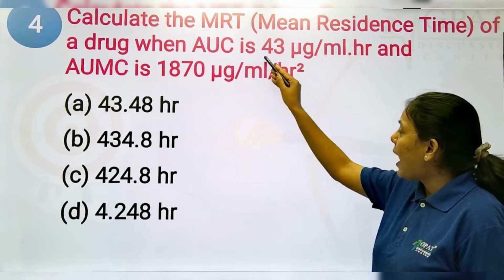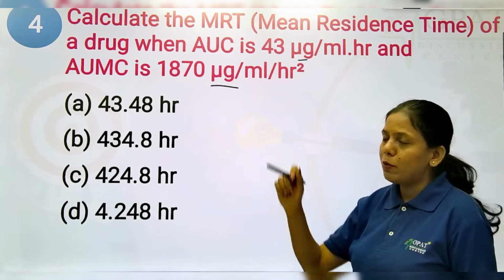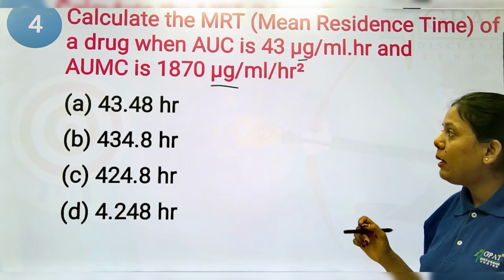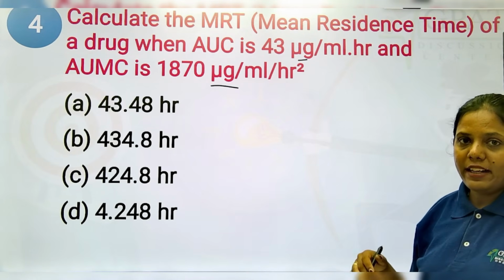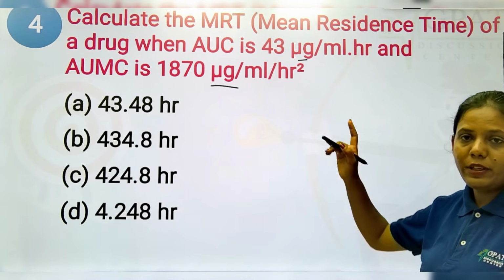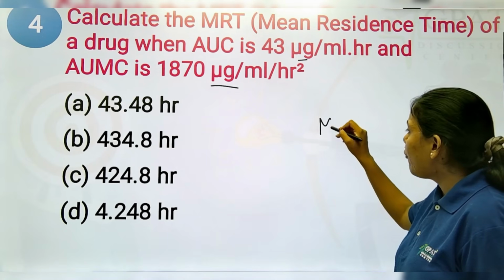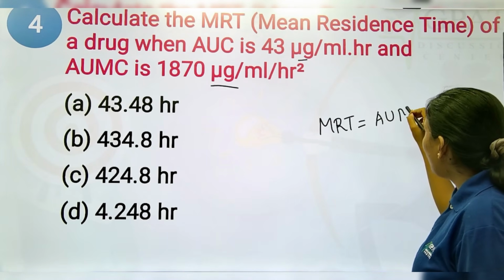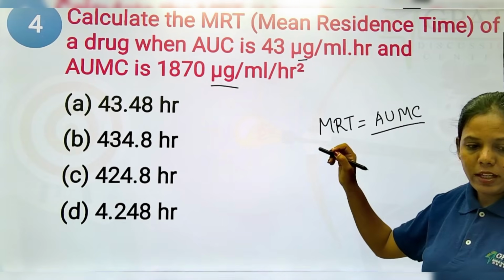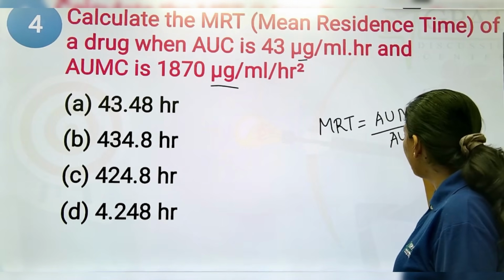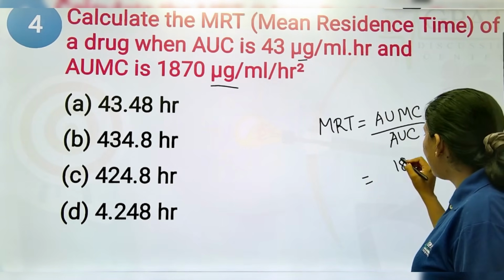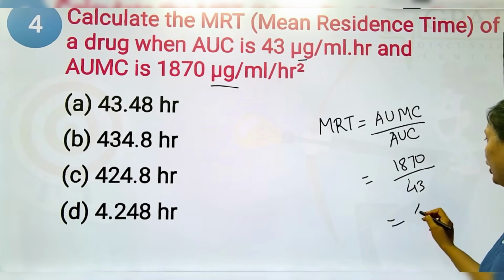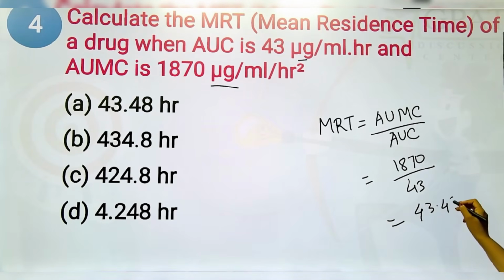Now remember that the units are the same, so you don't have to convert them. But if units are different, you have to make sure that they are the same. The formula for MRT, mean residence time, is equal to AUMC divided by AUC. So here it is 1870 divided by 43. Approximately you will get 43.48 hours.